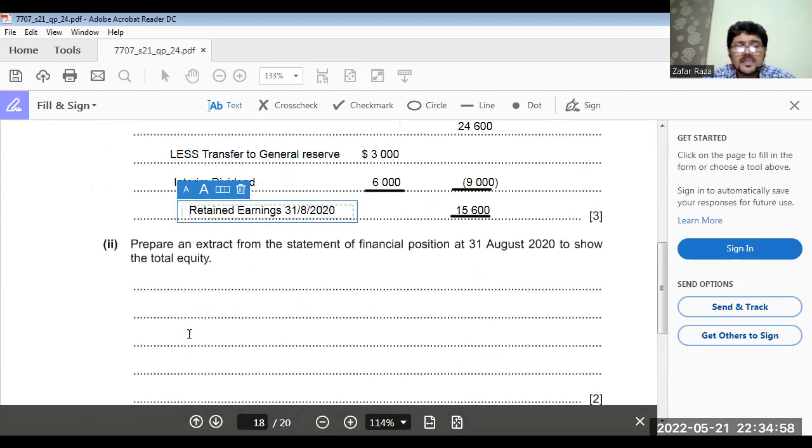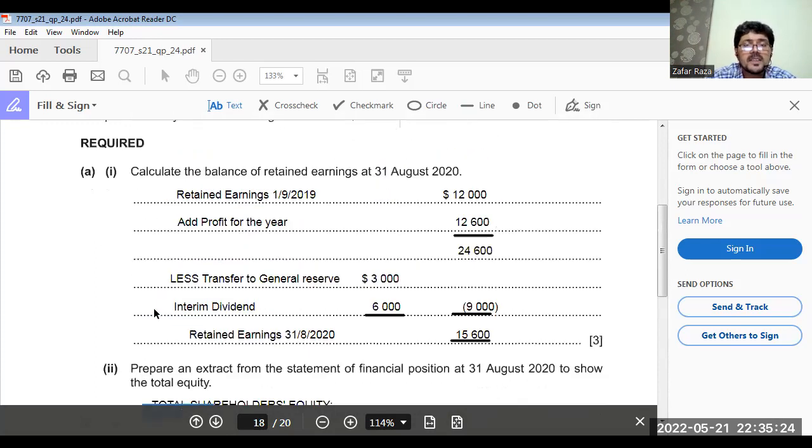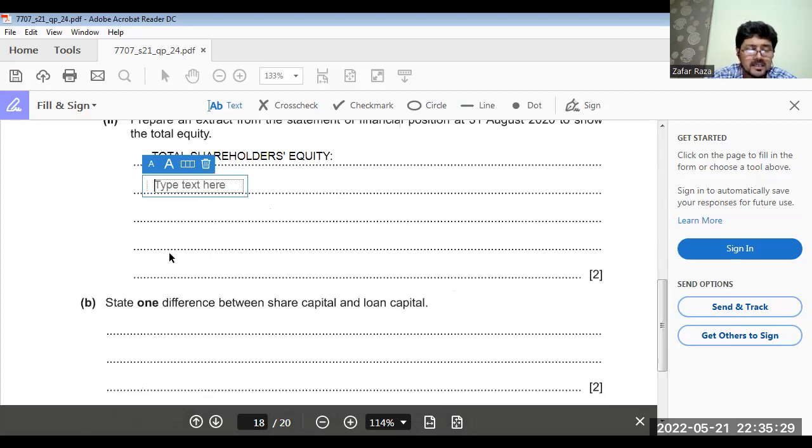Now prepare an extract from the statement of financial position on 31st August to show the total equity. Now heading: total shareholders' equity. What we have to show? Share capital $120,000.